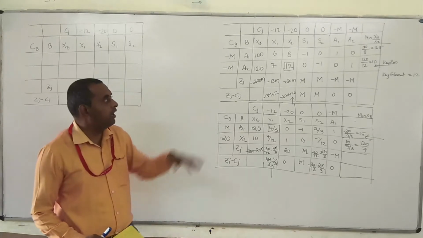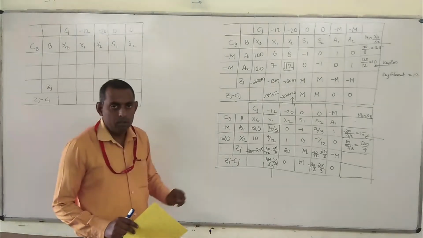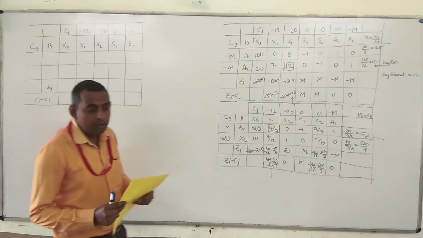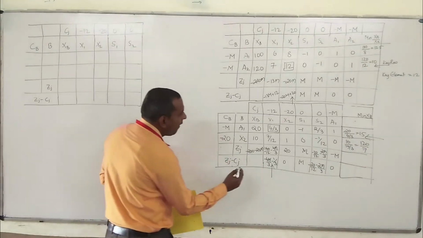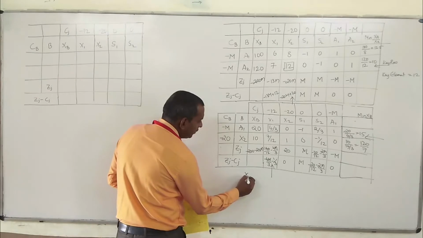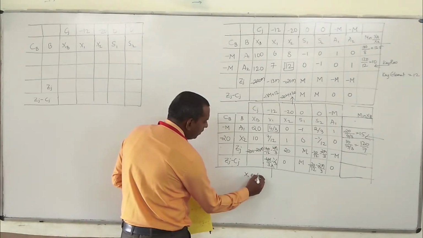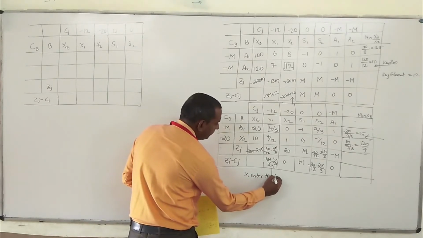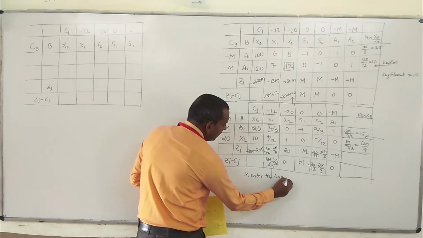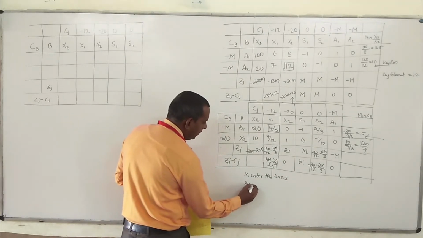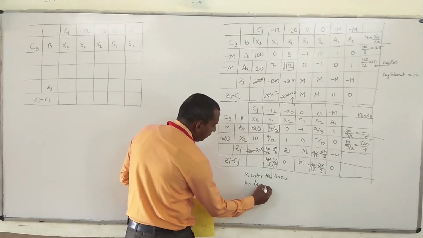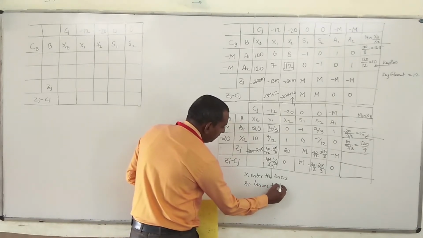Part 1 and part 2 we have done with these two simplex tables. Now, continuation of this simplex table. So here x1 enters the basis, whereas A1 leaves the basis.